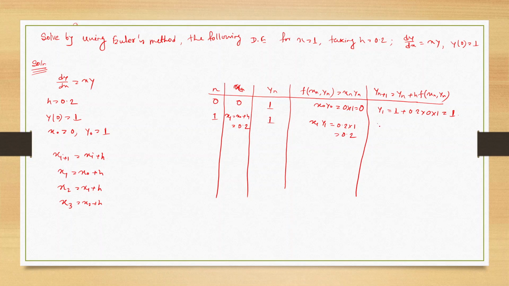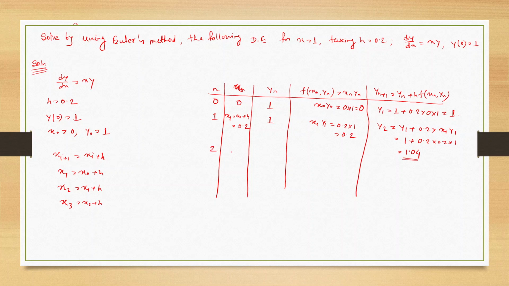And y2, the value of y2, that is y1 plus 0.2 into x1 y1. So what we get from here, that is the value of y1 is 1 plus 0.2 into 0.2 into 1, that is 1.04. Okay, so we get the value of y2 is equal to 1.04.